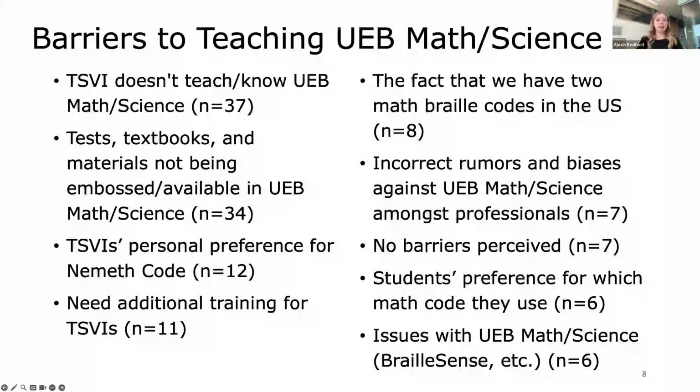Others indicated or acknowledged incorrect rumors and biases against UEB Math and Science amongst professionals, and so that might be some barriers for some TVIs not teaching UEB Math and Science. 7 said that there are no barriers perceived, and 6 said that their students have a preference for which math Braille code that they use. And additionally, another 6 TVIs mentioned issues with UEB Math and Science devices like the Braille Sense.